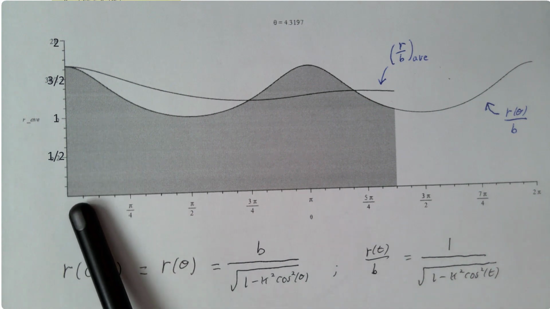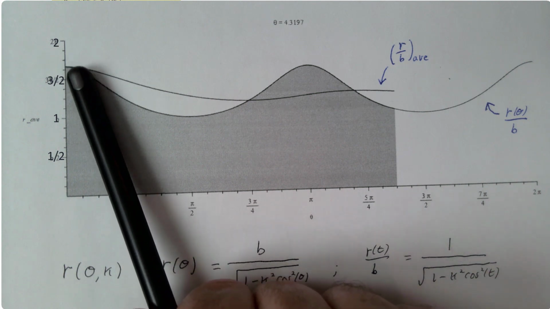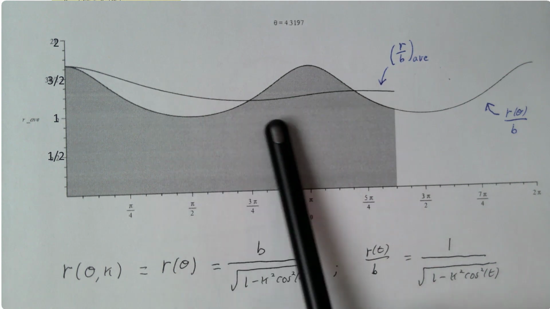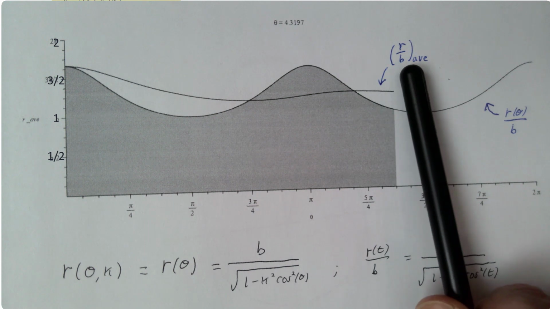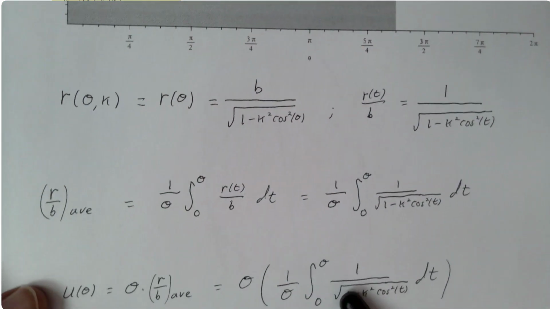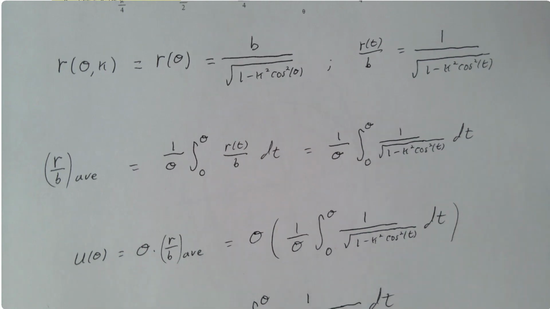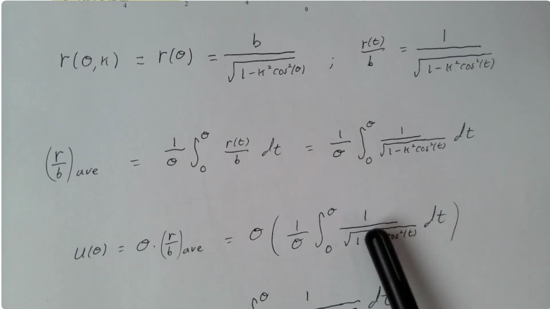But instead of being 1 and then 1.67, it's in terms of b. So if you graph that, then it's dimensionless. And if I look at the average value of that, then u is the theta we're at times the average value. Because the average value, you can see these thetas will end up canceling, and I'll just get this integral, which is the integral of r over b.